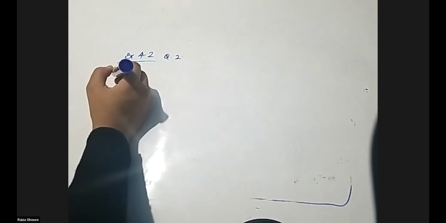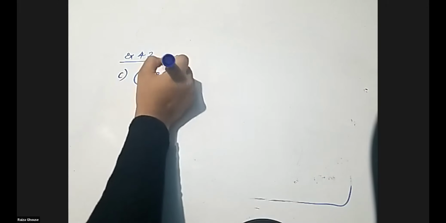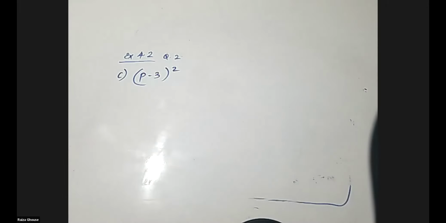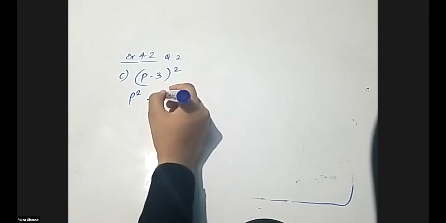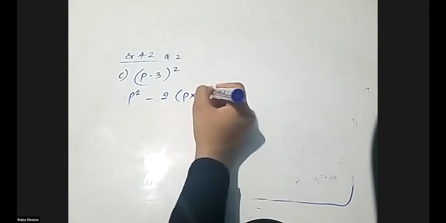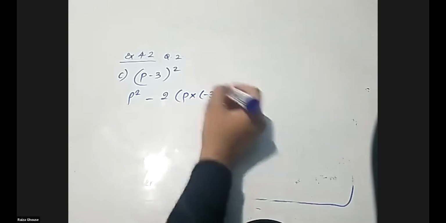Okay, I'll take a negative one, that is part C, p minus 3 squared. Now look at the board very carefully. How do you deal with negative values? Here, square of the first term, minus twice the first and the second term. What did I do? Second term is a negative.